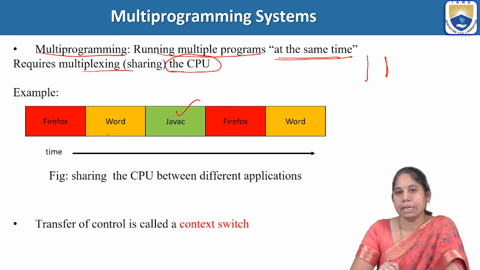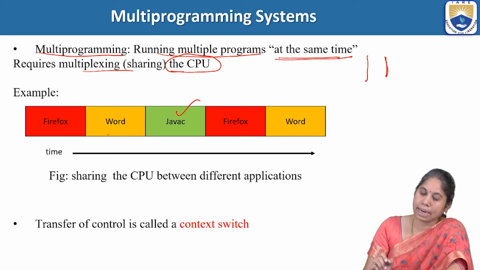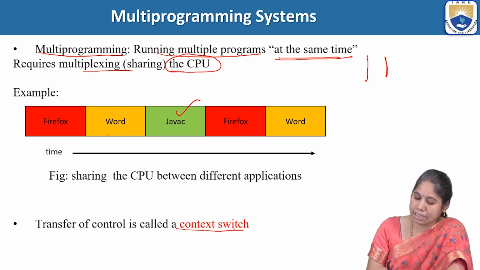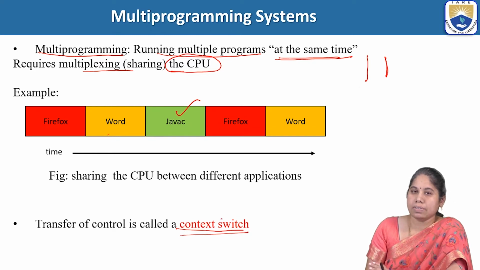While the processor transfers from one program to another program, we term that context switching: switching from one process to another process.